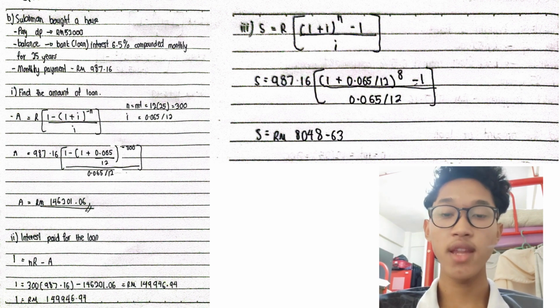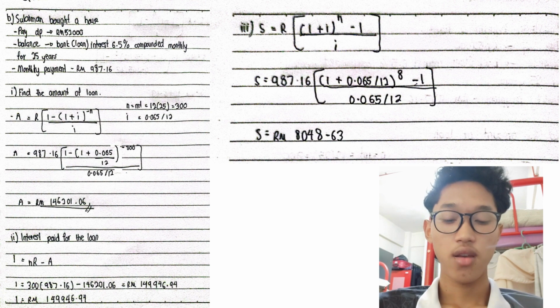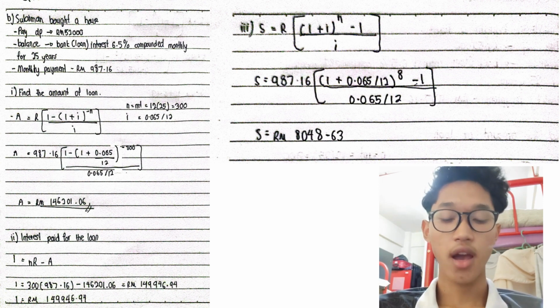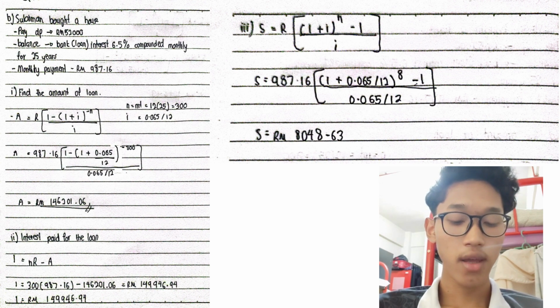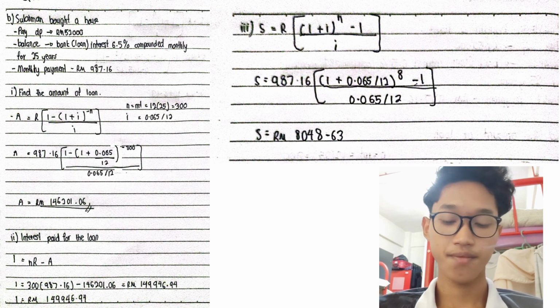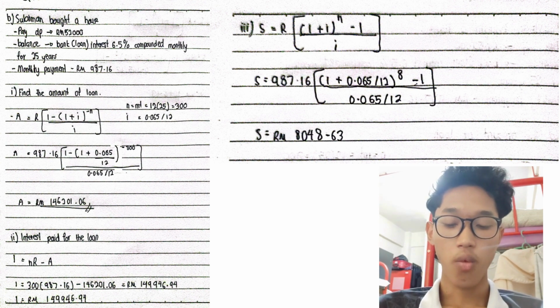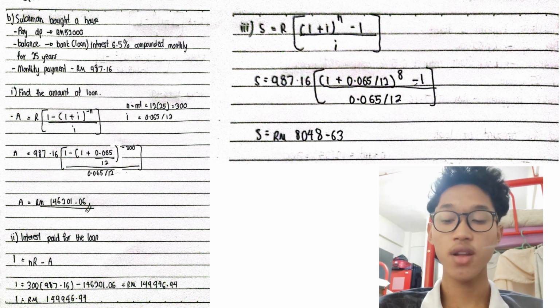After that, we will minus A, which is 146,201.06, and then the answer will be RM149,946.94, which is I is equal to RM149,946.94.